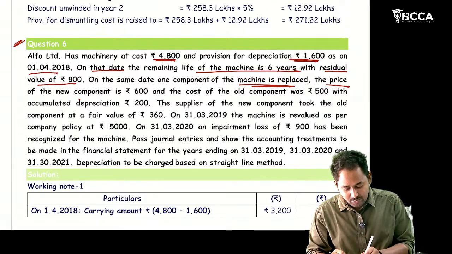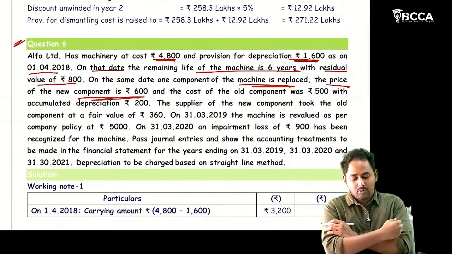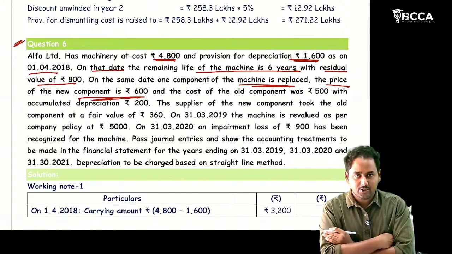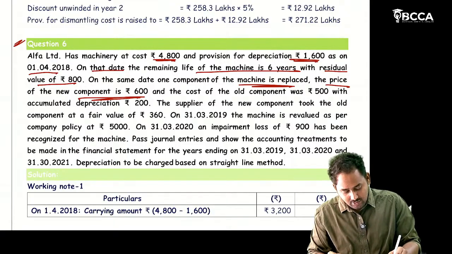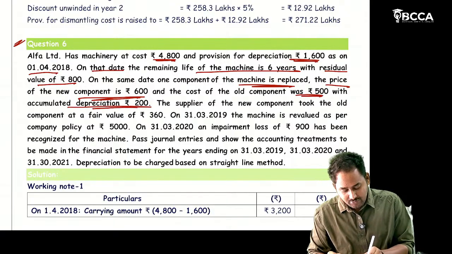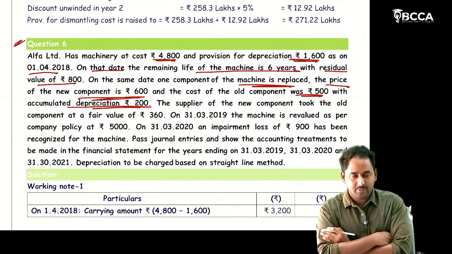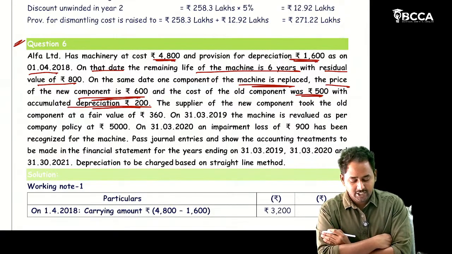The price of the new component is 600. So this 600 should be added to the cost of the asset. And the cost of the old component is 500 with accumulated depreciation of 200. So 500 minus 200, the entire 300 should be excluded from the net carrying amount of the asset.